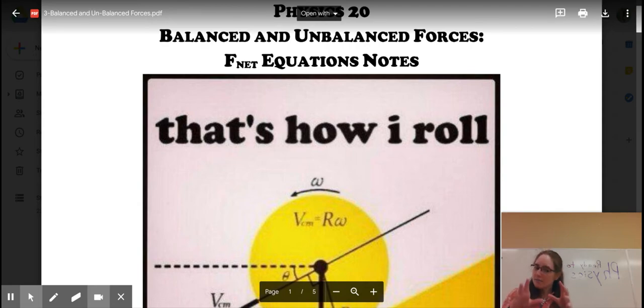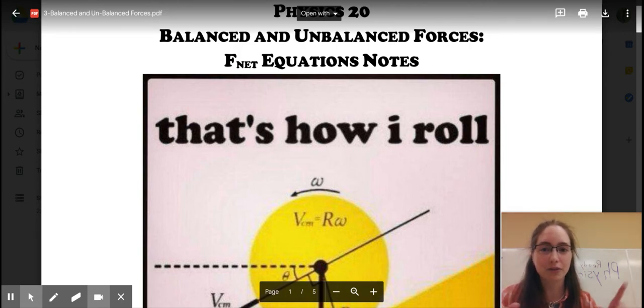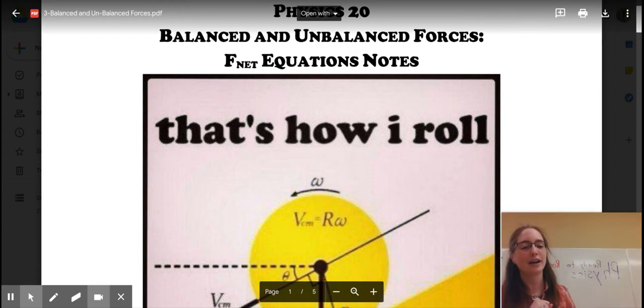If it's unbalanced, you have a net force, which means that object is accelerating. So if you have a balanced force, you're either stationary or have uniform motion. Key word: uniform motion, constant velocity, no motion equals balanced forces. If you have an Fnet, you have unbalanced forces. You guys remember that from our last lesson on Friday.